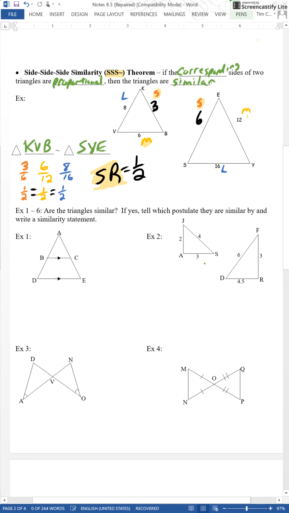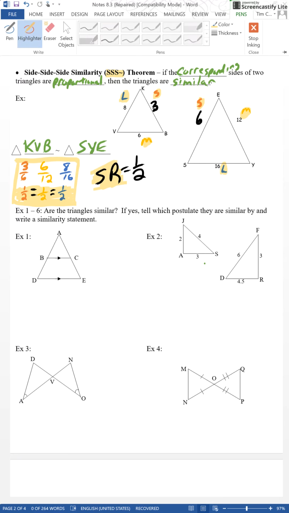Here's my medium side, my medium. Here's my large and my large. Okay, then I do my work over here, and I see that they're all congruent right here, or they're all equal, same similarity ratio, so I can prove side.